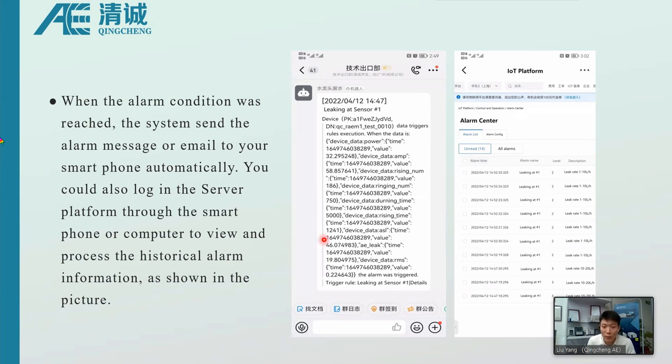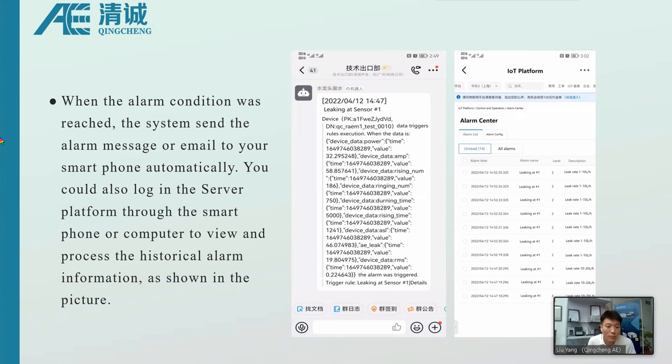In the pictures, the left one is the alarm message sent to your phone, and the right one is using the smartphone to log in to the platform. You can see the historical alarm here, and also we can take actions to face this problem.